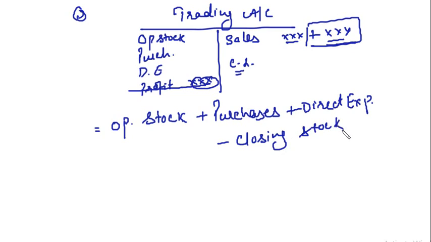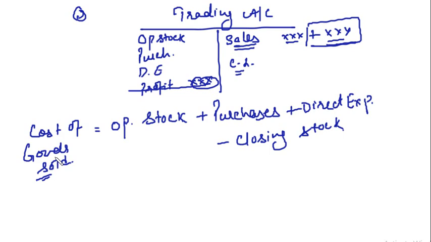You will get the cost of goods sold. Right? I've explained to you from the trading account, opening stock plus purchases plus direct expenses minus closing stock, you will reach at the sales. And if I remove the profit element from the sales, what do you get? Cost of goods sold. Clear?